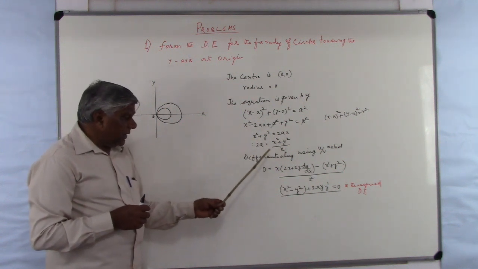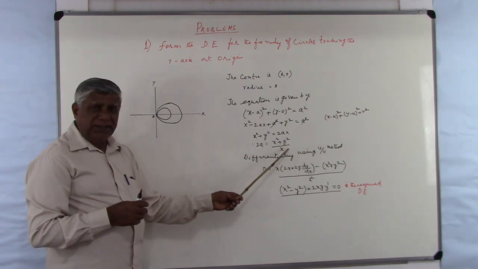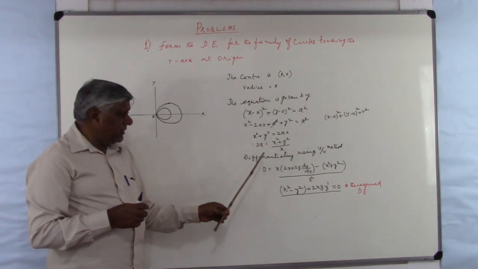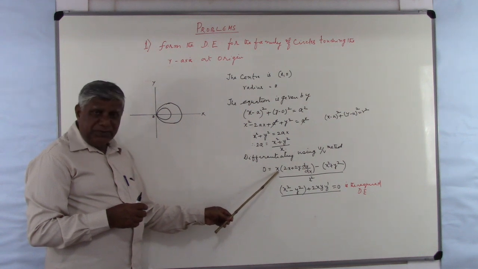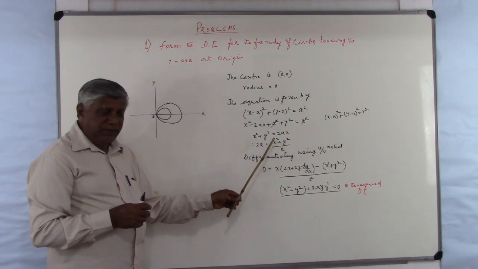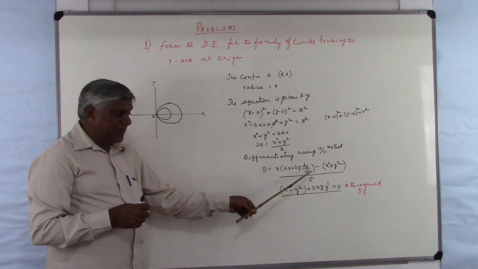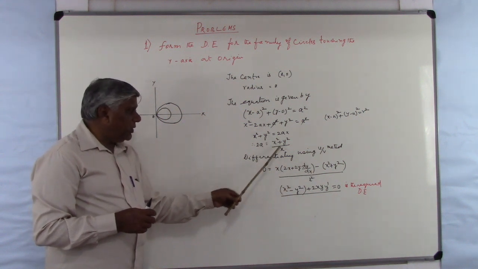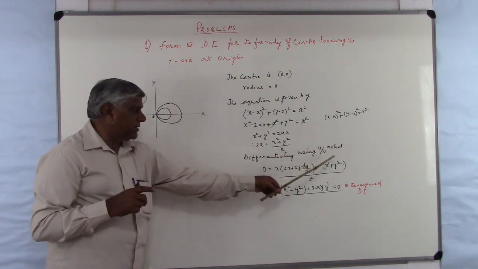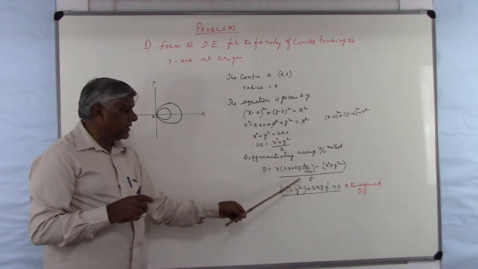Now, differentiating using the u by v method. This we take as u and this as v. Now we know the formula for u by v differentiation is v into the differential coefficient of u, the differential coefficient of x square plus y square, that is 2x plus 2y into dy by dx, minus u, that is x square plus y square, into the differential coefficient of v, which is 1, always divided by v square, that is x square.